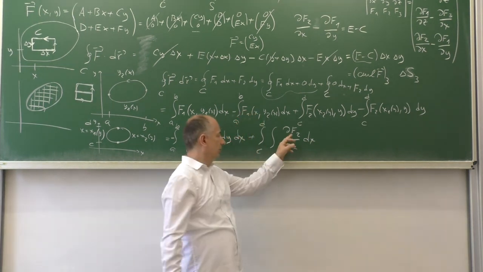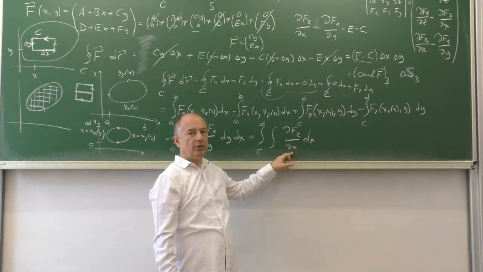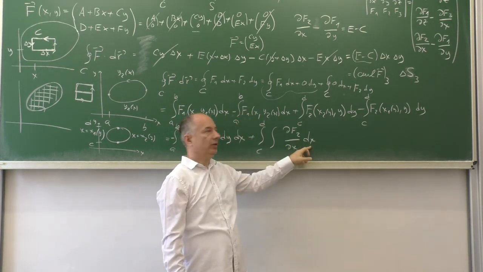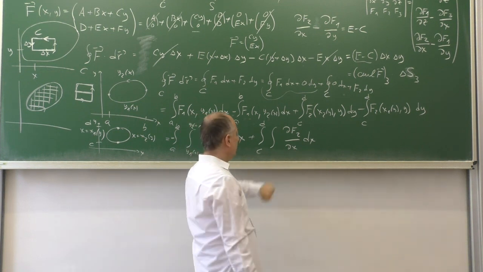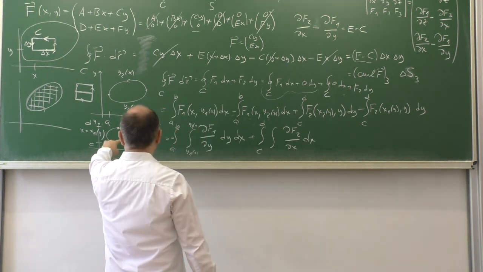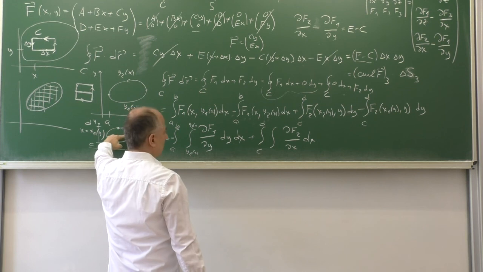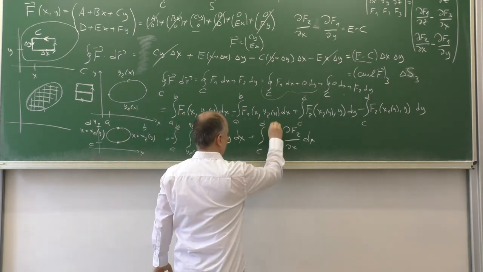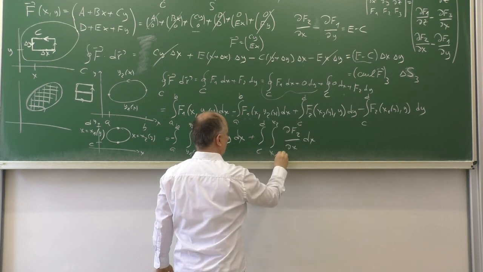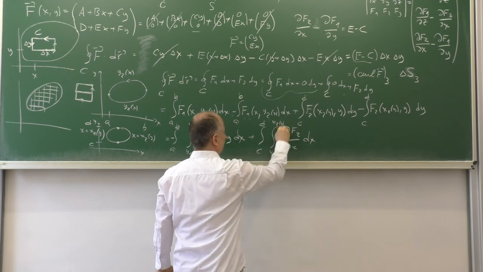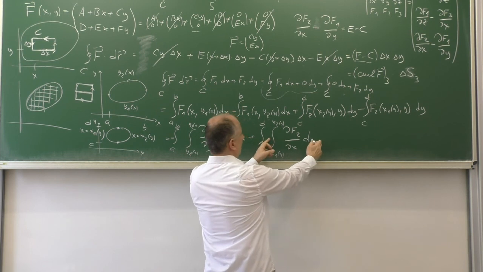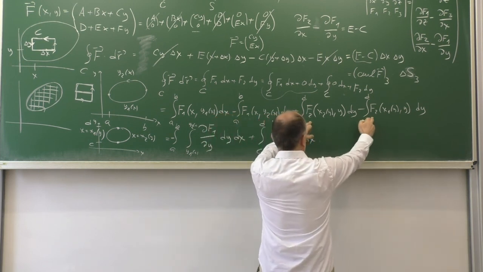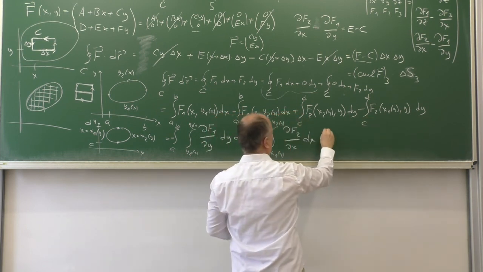If we take f2 and differentiate with respect to x and integrate with respect to x in good limits, this time from x1 to x2, each as a function of y, then this integral is the difference of these function values, and we integrate over y.